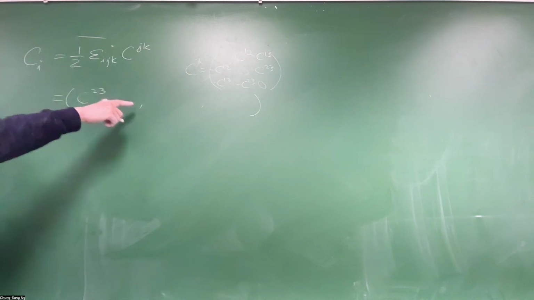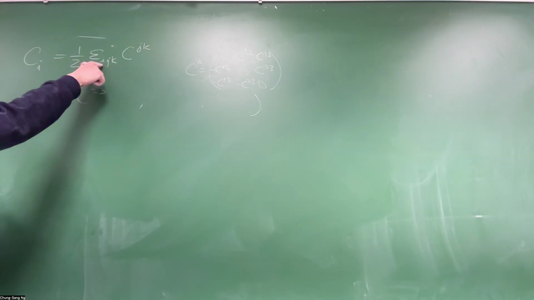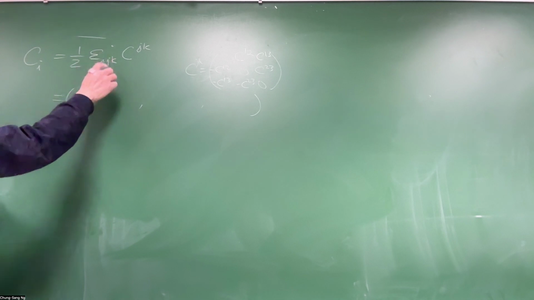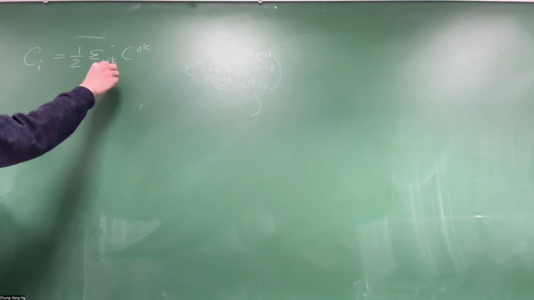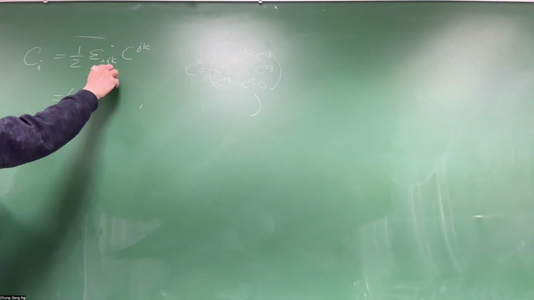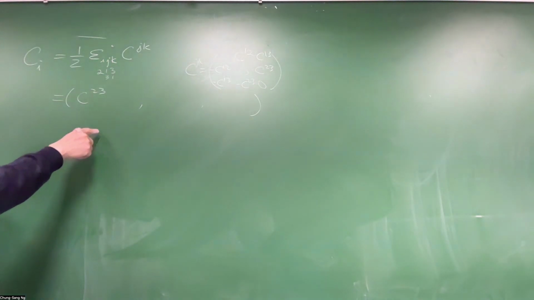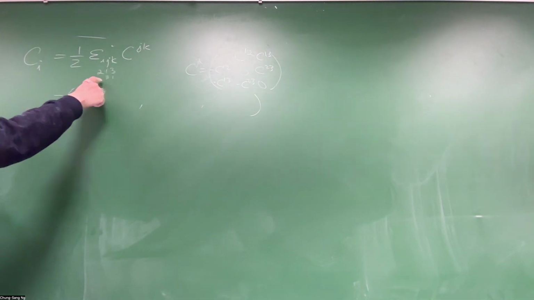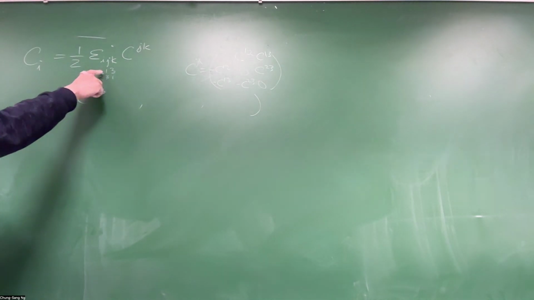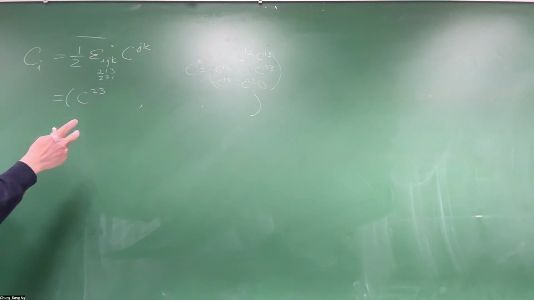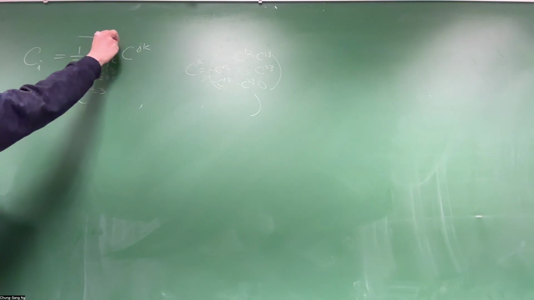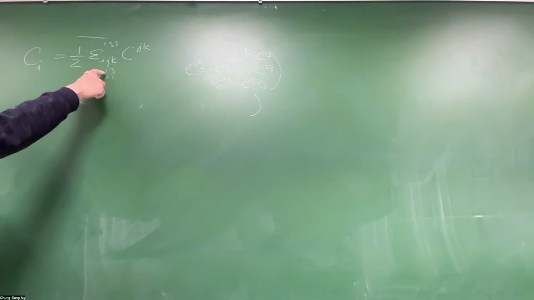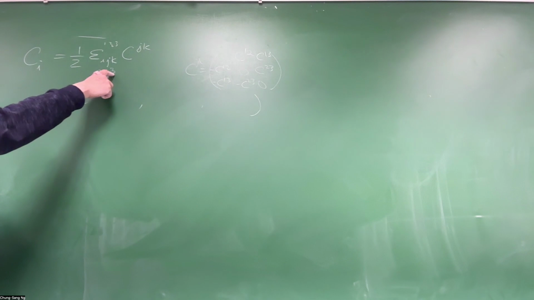The same consideration for 2: there are two cases, either 2, 1, 3 or 2, 3, 1. Now you need to determine the value of epsilon 2, 1, 3 and 2, 3, 1. It's determined by how many permutations from 1, 2, 3 you need to get to 2, 3, 1. The first one involves one permutation, so it is negative.